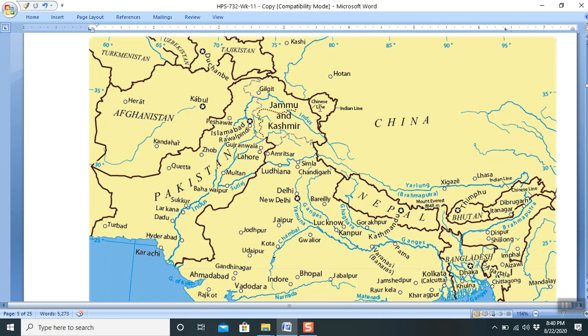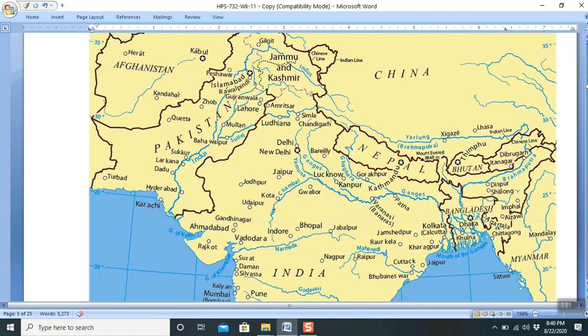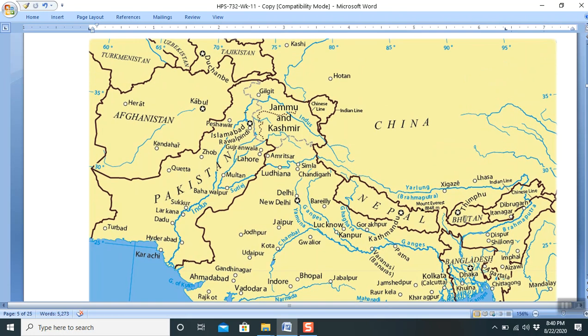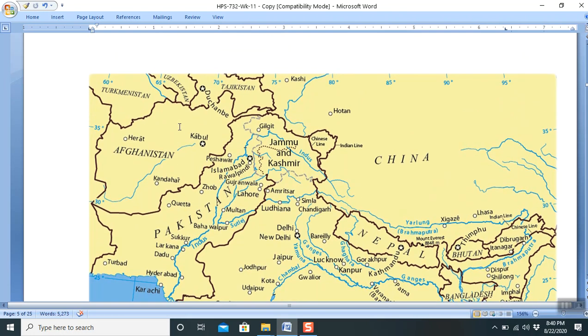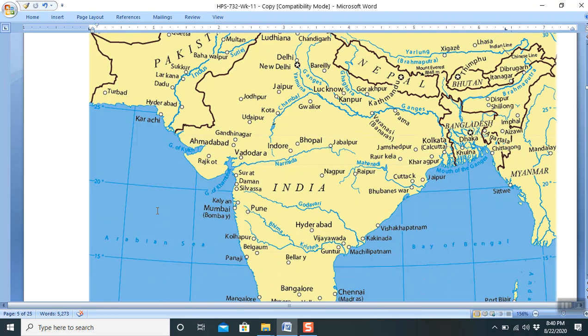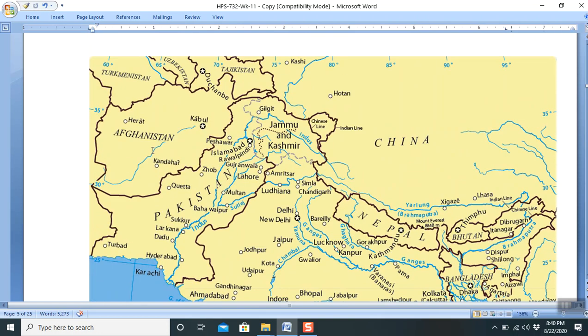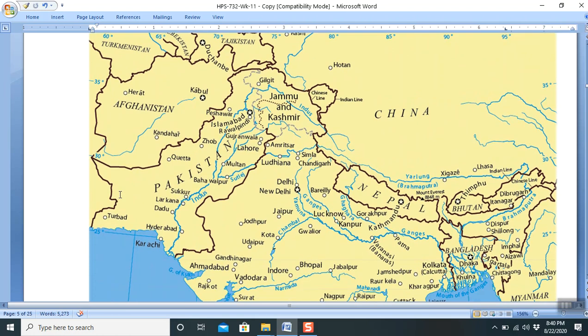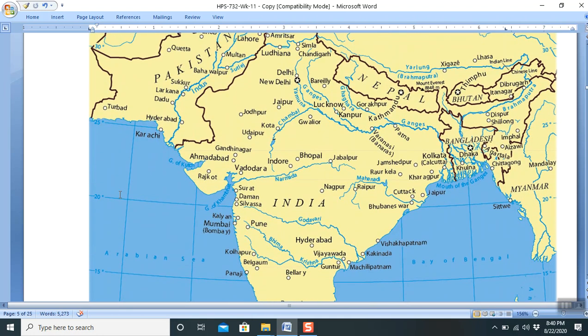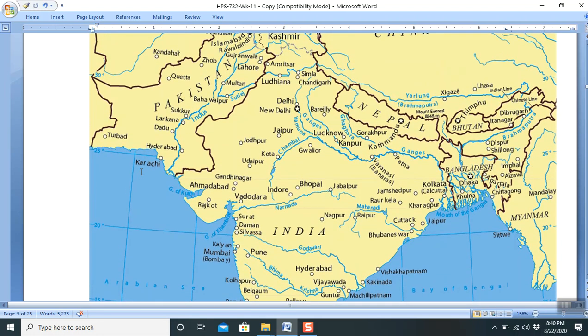In the east you find China and India, along with India, Nepal, Bhutan, and here it is Bangladesh. In the north Afghanistan and northwest Iran, and in the south completely is the Arabian Sea.